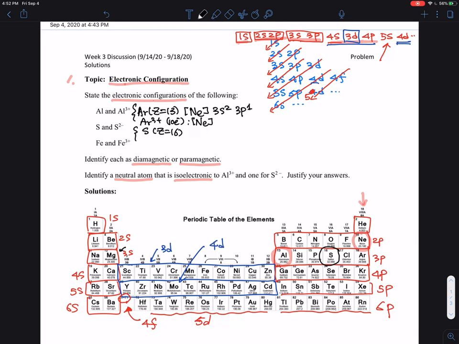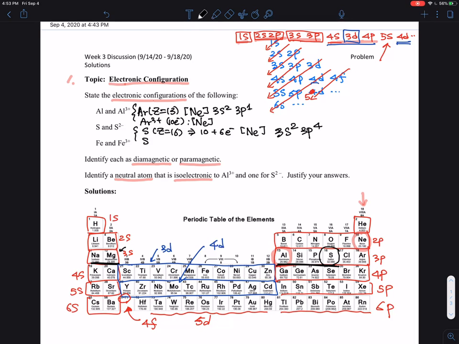I can show it in a different way: that is 10 electrons plus 6 more electrons. 10 electrons means neon, and then the 6 more electrons fill up 2 electrons in 3s and 4 electrons in 3p. So it's 3s2, 3p4. That's how I want to write it.